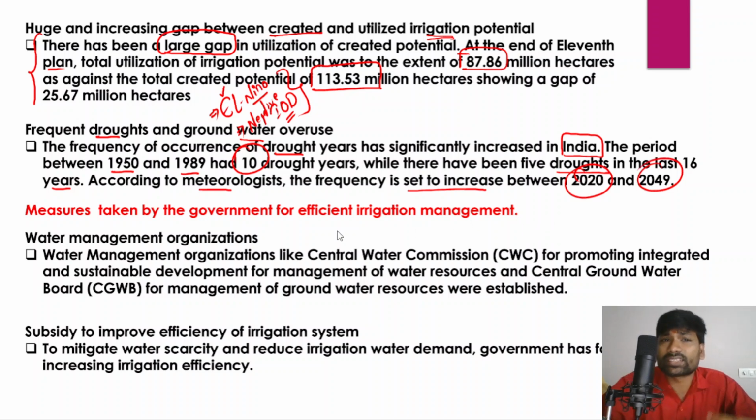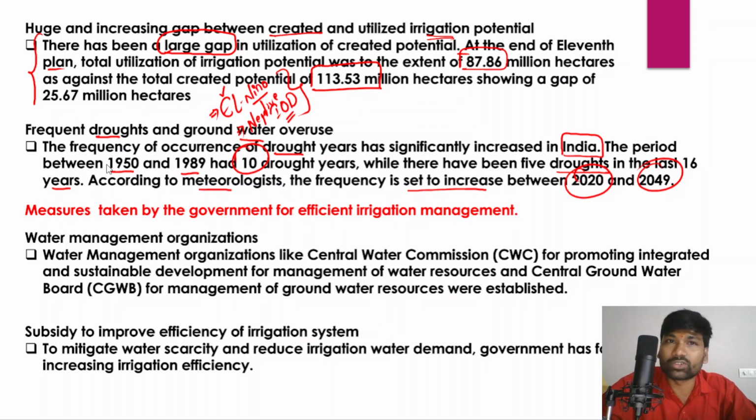However, there are certain measures that the government has undertaken in order to ensure efficient irrigation management. So we'll try to understand what those measures are. And if you look at the Indian irrigation system, farmers particularly lack awareness, and we have small and marginal farmers.